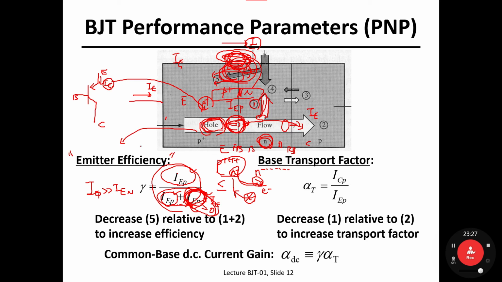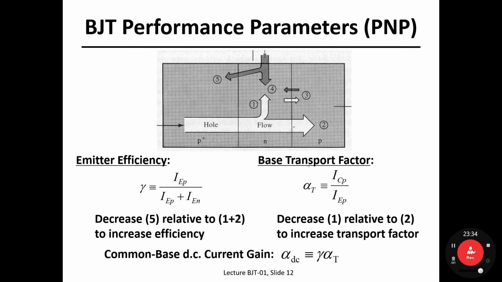Okay, and next one, let me erase my note and take a look at the right hand side. Here, base transport factor. What is it? That is a well known performance parameter for BJT, base transport factor. So think about its physical meaning.